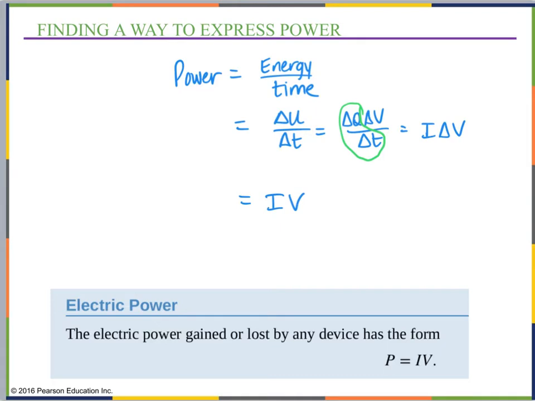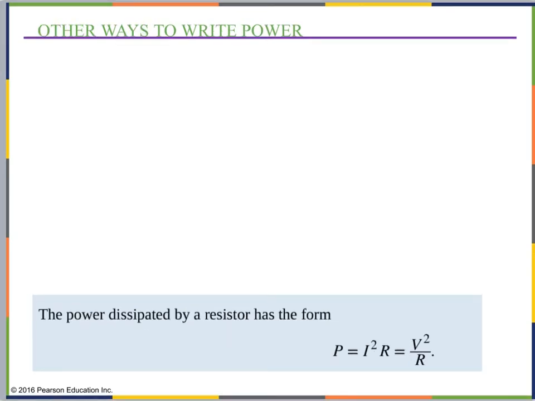We could also use this to think about the current traveling through a resistor, which will experience a potential drop. And so in that case, there will be power that's lost in the circuit. As we start to look at these different expressions, what I would say is you use whichever one seems to be convenient for you based on the information that you're given. But let's look at some other ways to write it.